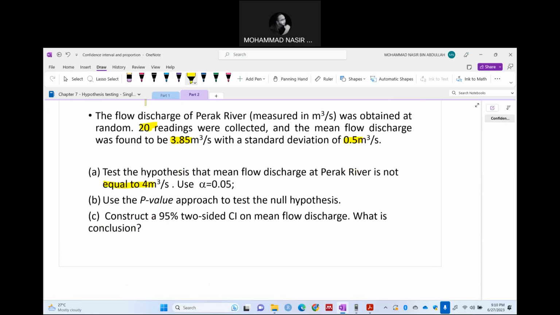Use alpha 0.05. Right. So we have n equal to 20, x bar equal to 3.85, and s equal to 0.5. So null hypothesis mu is equal to 4. Alternative hypothesis mu is not equal to 4. Alpha 0.05.